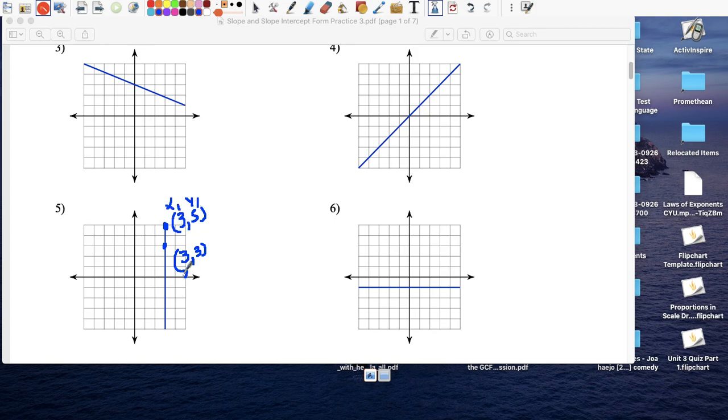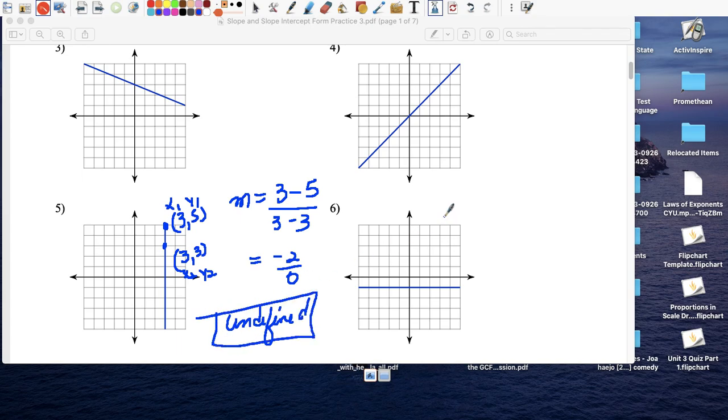X1, Y1, X2, Y2, doesn't matter, right? So we have 3 minus 5, and then we have 3 minus 3. We have -2 over 0. Sorry, -2 over 0 is undefined.